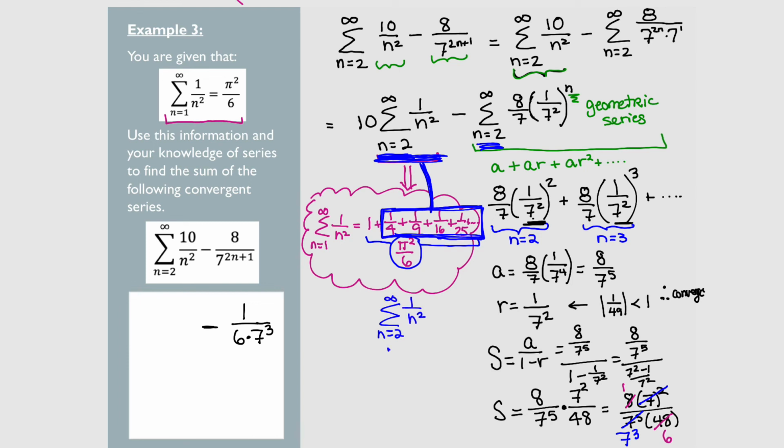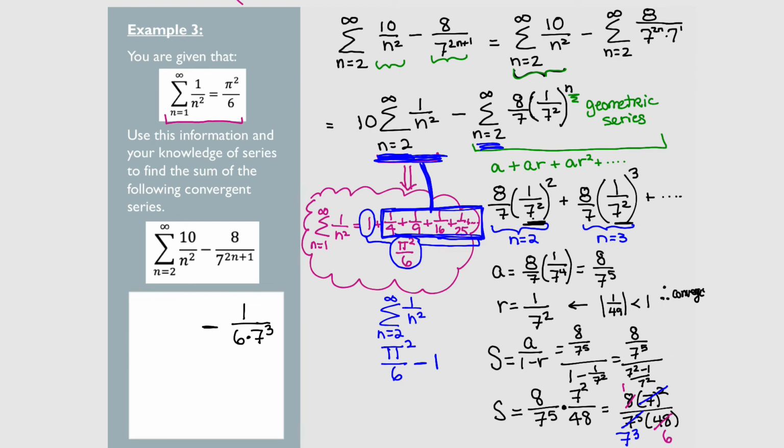That is just pi squared over 6 minus that first term 1 that I don't need, right? I have to take off that 1. And that'll give me the leftover parts: 1/4 plus 1/9 plus 1/16, etc. So that summation, n equals 2 to infinity of 1 over n squared, is pi squared over 6 minus 1.